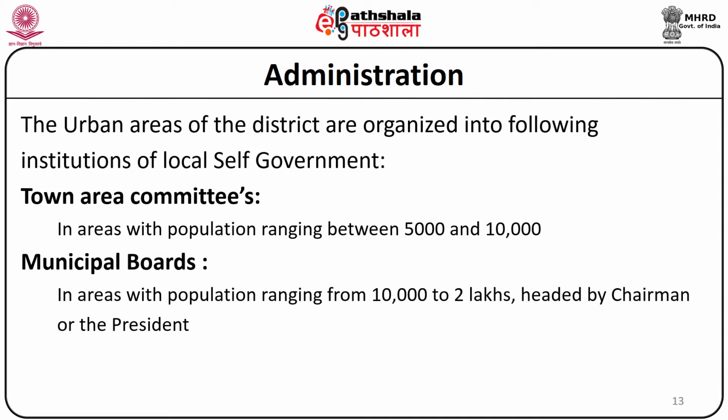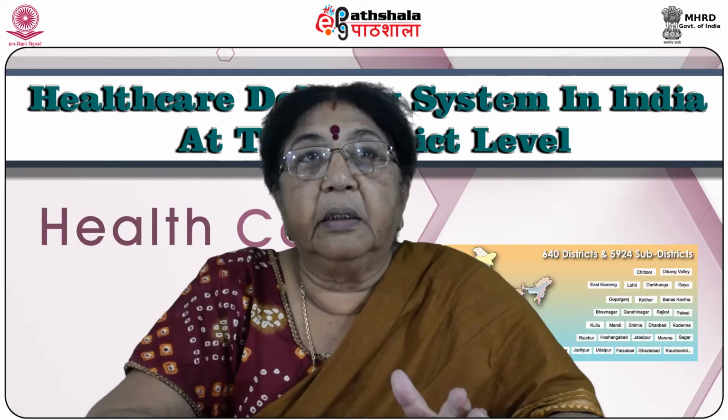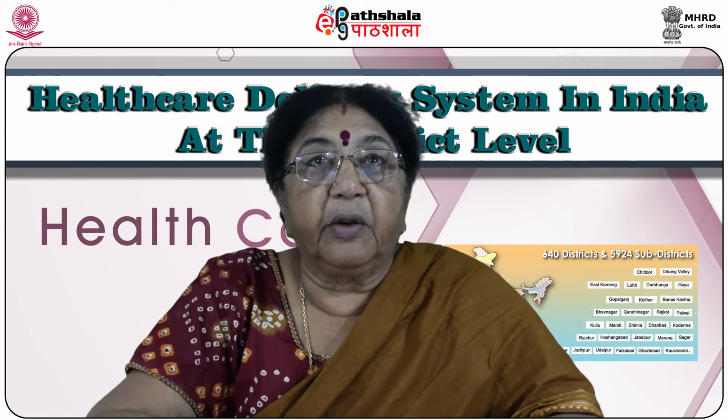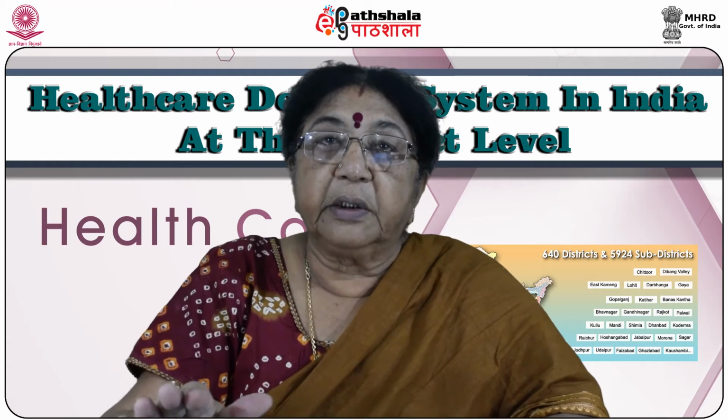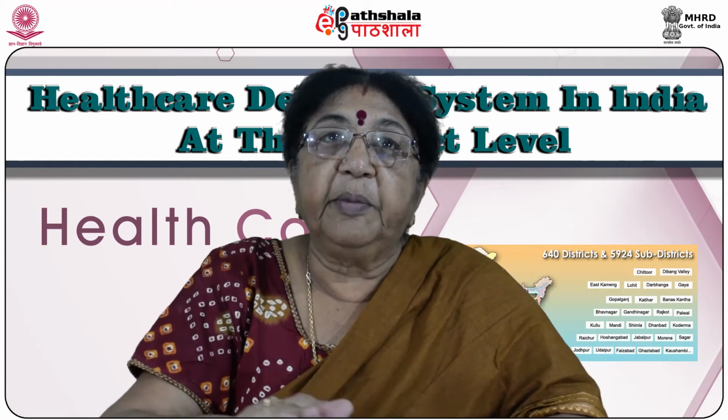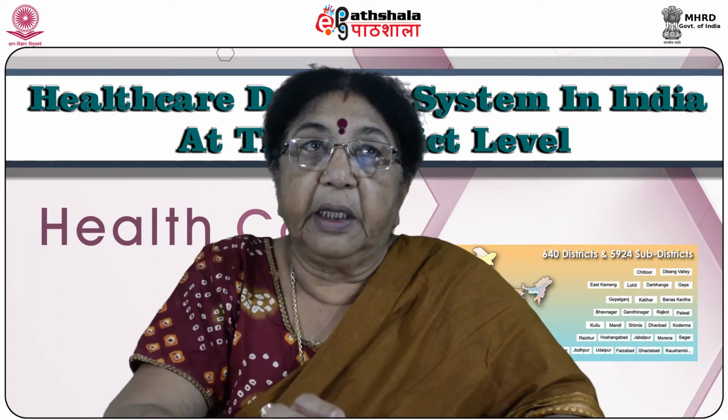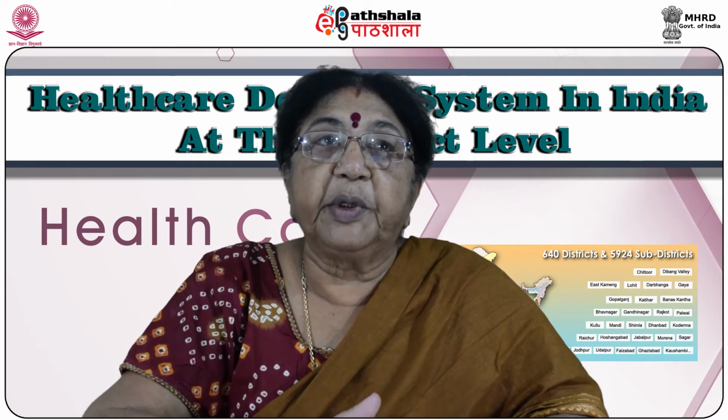In areas with a population ranging between 5,000 to 10,000, we have a town area committee which deals with public health care, and it has its own medical officer, a health officer who will look after the health aspects and the environmental aspects of this particular area, along with the municipal board.